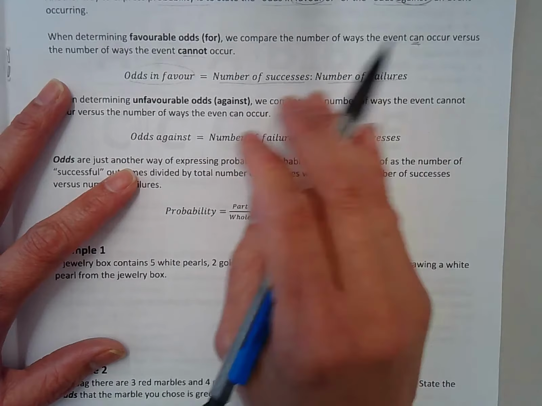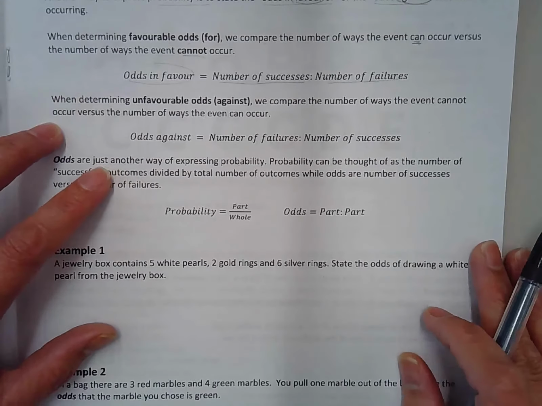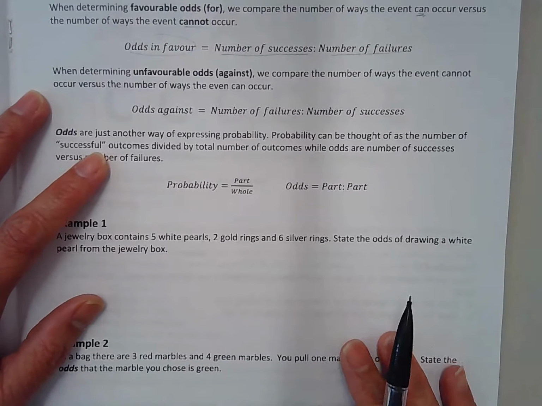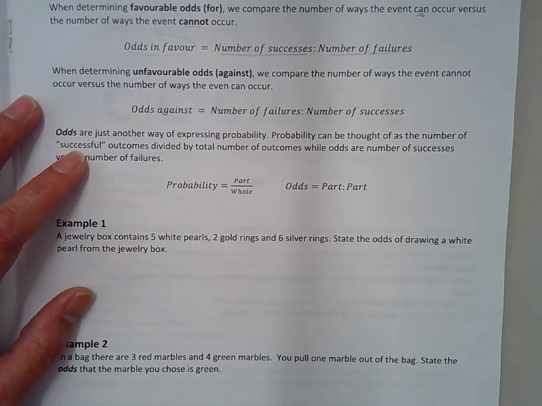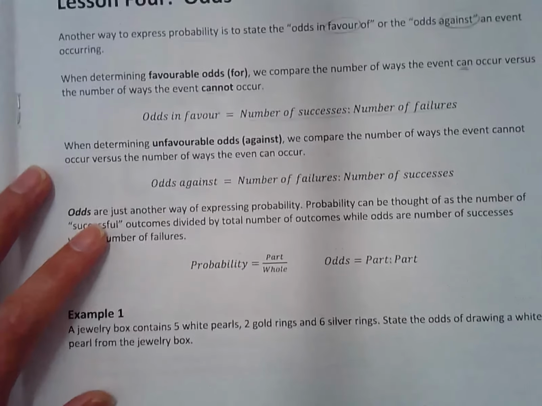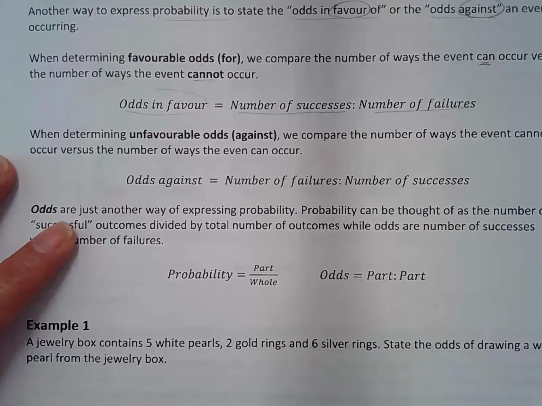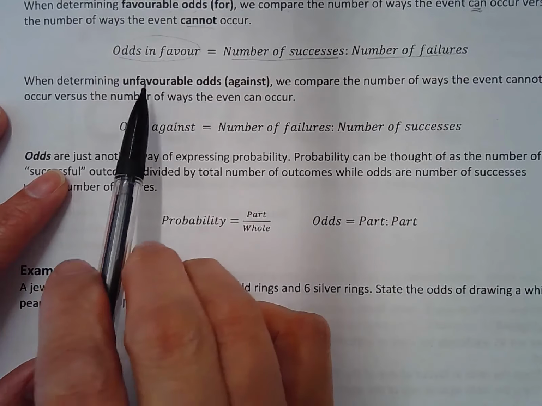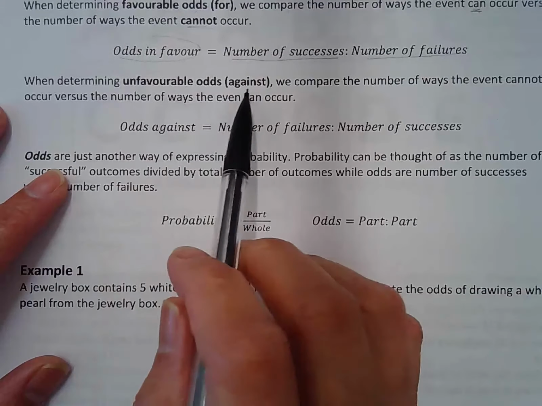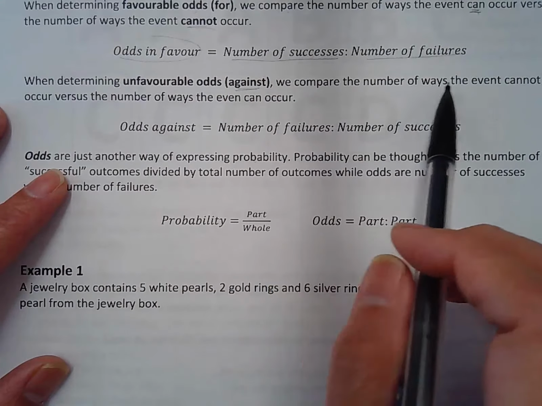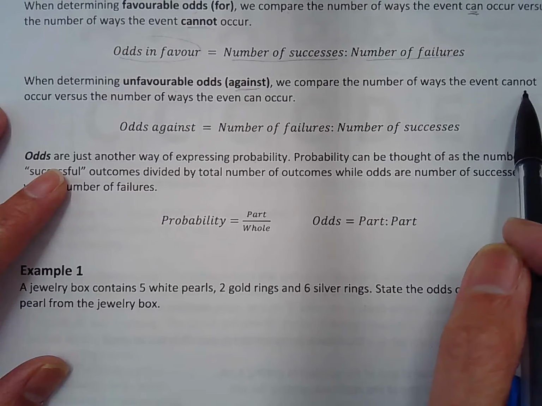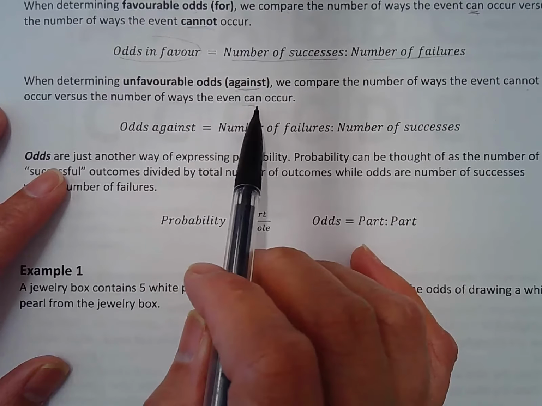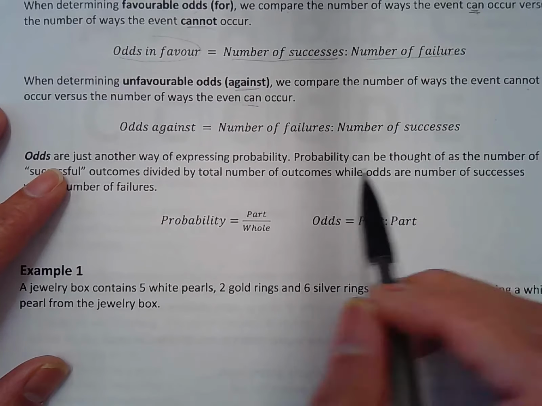Right now we'll read it off, and when we go through an example, it will be much clearer. Unfavorable odds means odds against. We compare the number of ways that an event cannot occur to the number of ways that an event can occur. So this is a ratio.